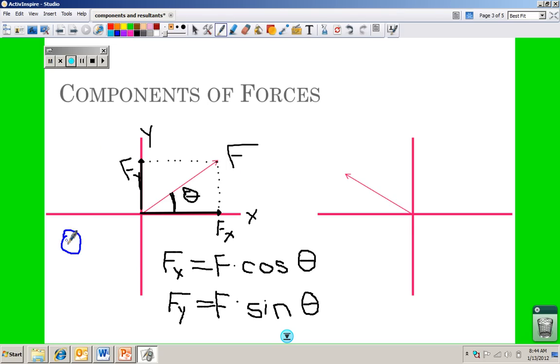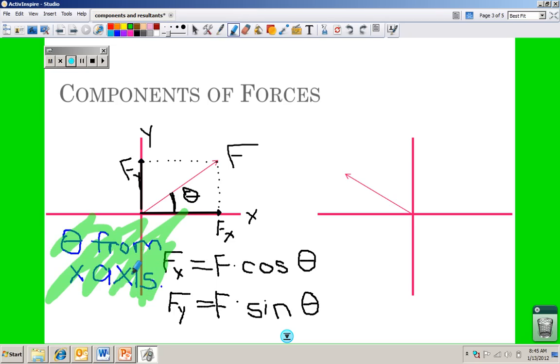Theta from the x-axis, that is super important. Okay, that part right there. Sorry, this comes out weird looking. Alright, so that's what I want you to be sure that you don't forget. That theta, no matter where it is, has to be measured from the x-axis.